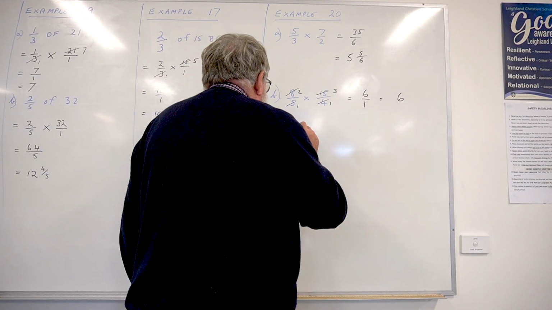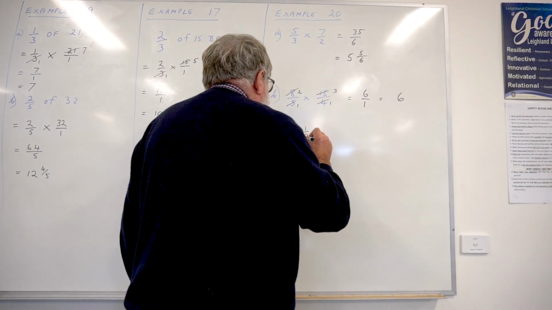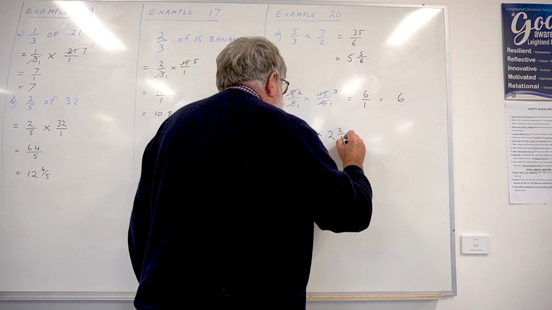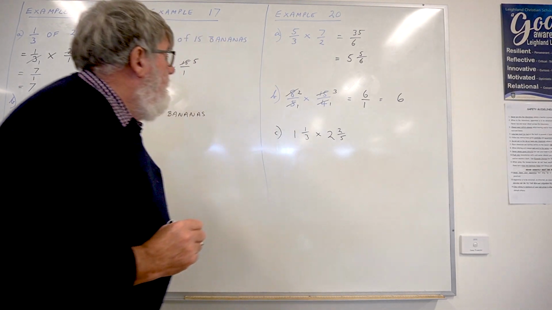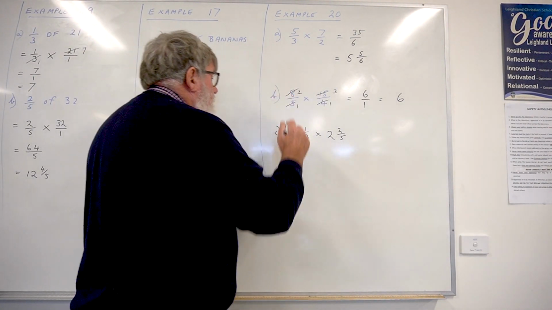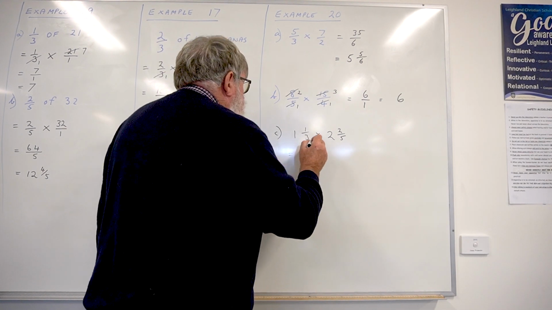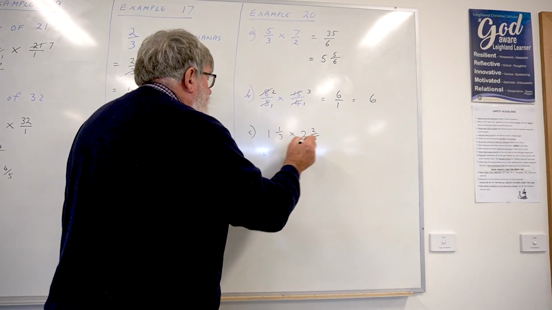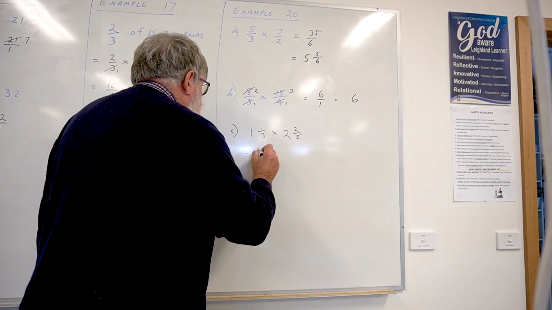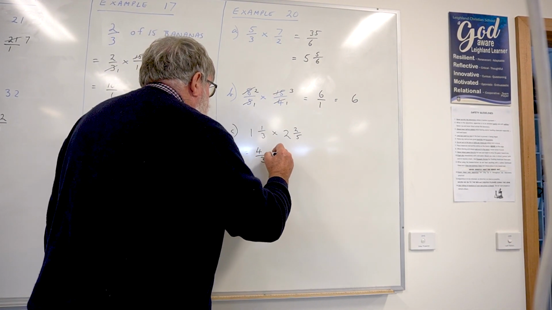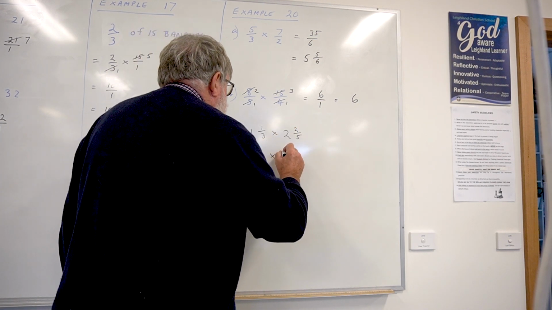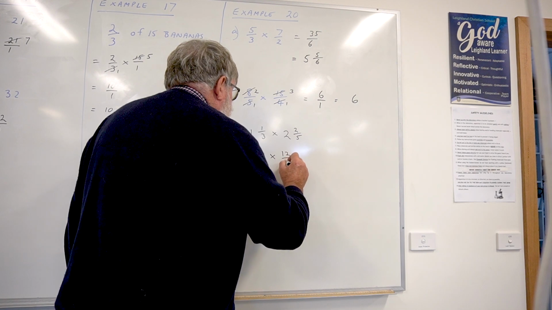So if you have a situation such as 1 1/3 multiplied by 2 2/5, then before you launch into your multiplication method, you need to change each of these to an improper fraction. 3 times 1 is 3 plus 1 is 4/3, multiplied by 5 times 2 is 10 plus 2 is 12 over 5.